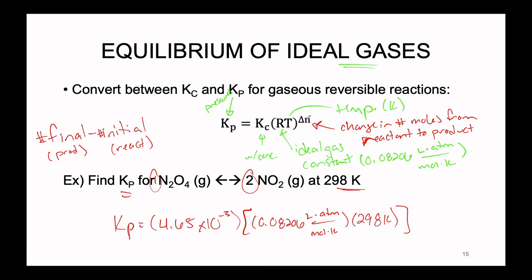So this delta N for our provided reaction, since we're looking at a gaseous species here and a gaseous species here, we're looking at the change in the number of gaseous moles, not just moles in general, but it has to be gaseous moles, is going to be 2 minus 1, right? We have 2 moles of product minus 1 mole of reactant, 2 minus 1 here.